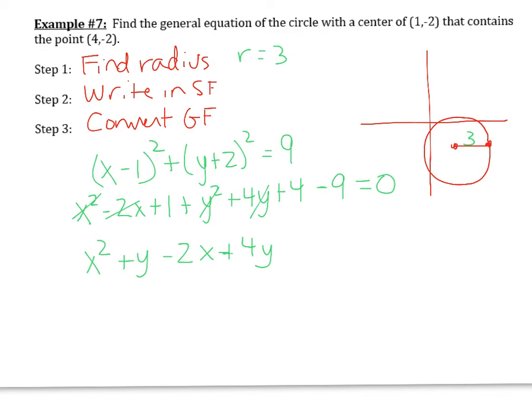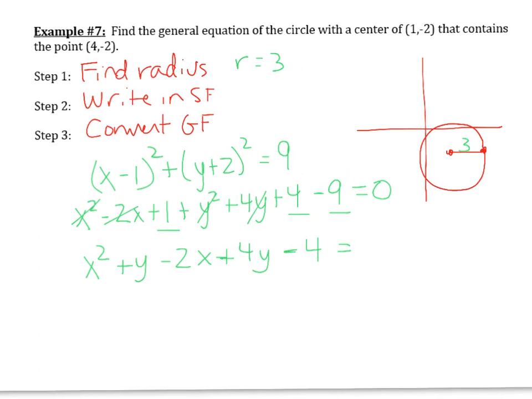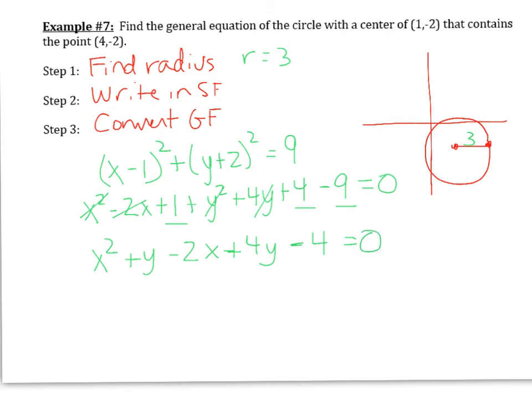And finally, I want all of my constants. So I have a positive 1, a positive 4, and a negative 9. So that would be 5 minus 9, which is minus 4, is equal to 0. And that, my friends, is the general form equation of the circle centered at 1, negative 2. That also includes the point 4, negative 2.